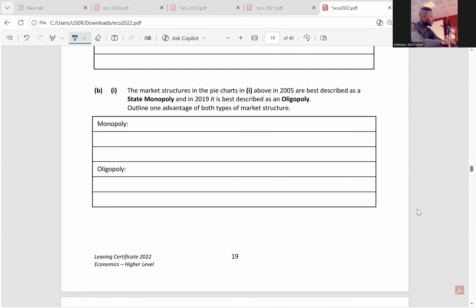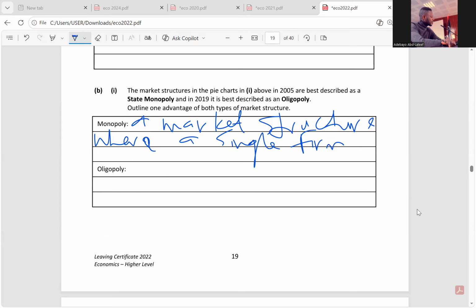Describe monopoly and oligopoly. Monopoly is a market structure where a single firm dominates the market.